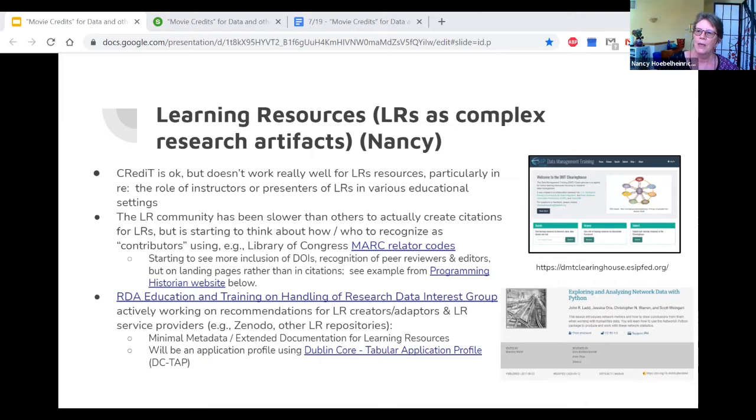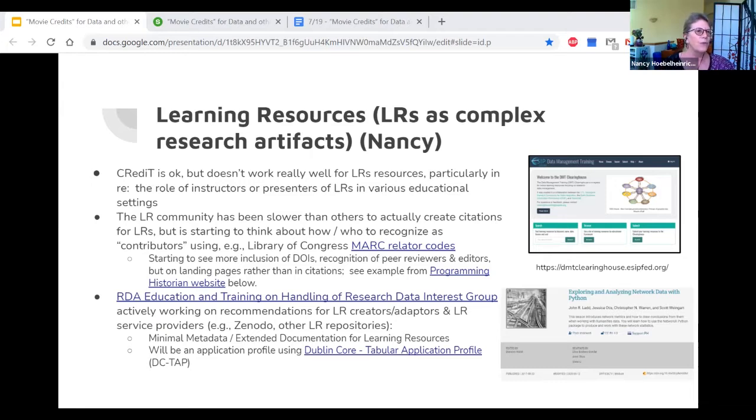So I think the learning resource community has been a little slower than other communities to actually create citations for learning resources. I mean, even courses within the academic environment are not necessarily cited, even if they're available publicly or as open source.